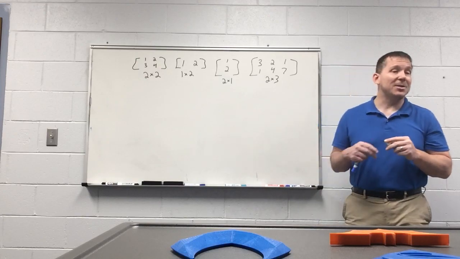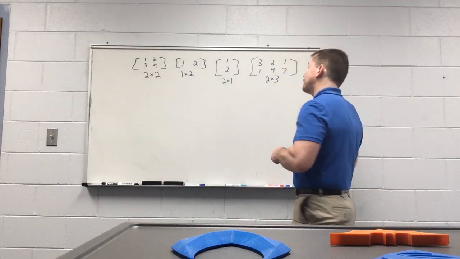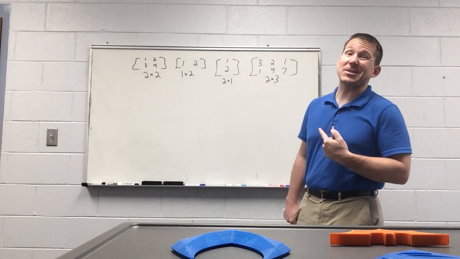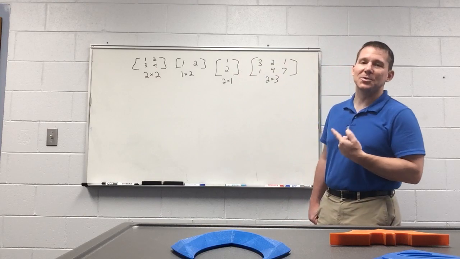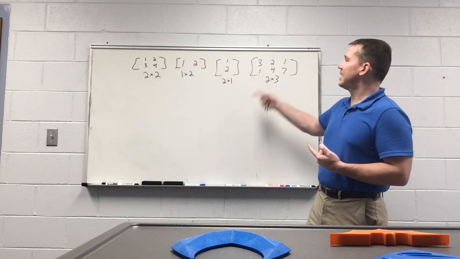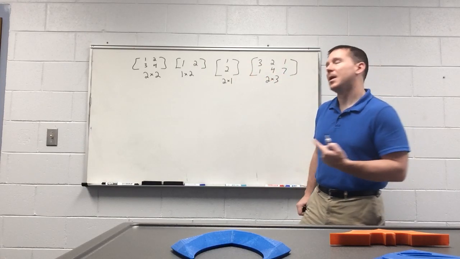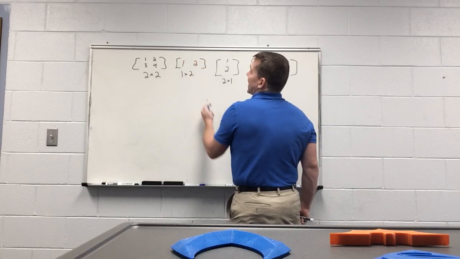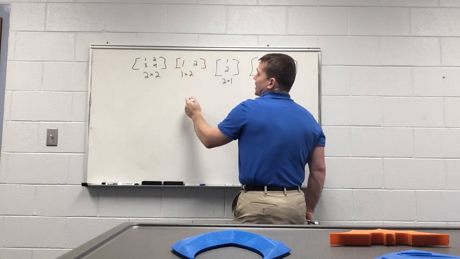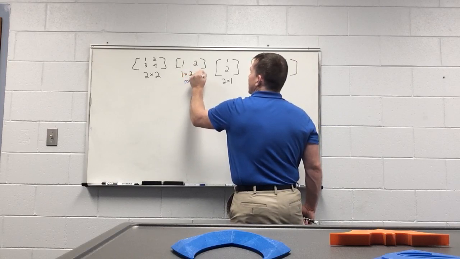As far as terminology goes, we do have a little bit of special terminology. If the number of rows and the number of columns are the same, that's called a square matrix. We've actually used that before. So that would be a square matrix. None of these other ones are, because the rows and columns are different. If you end up with something like this, where you have 1 row and multiple columns, this is called a row matrix.